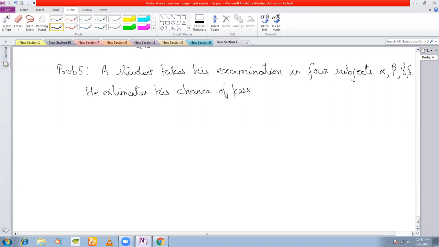He estimates his chance of passing in alpha as 4 by 5, in beta as 3 by 4, in gamma as 5 by 6, and in delta as 2 by 3.